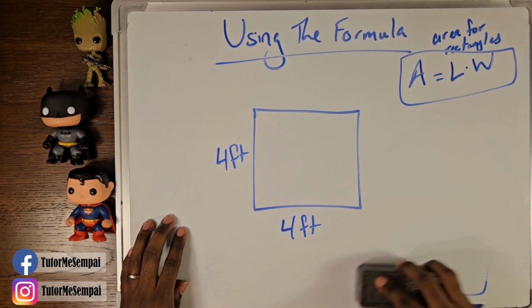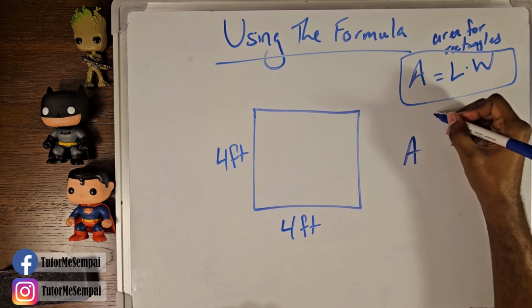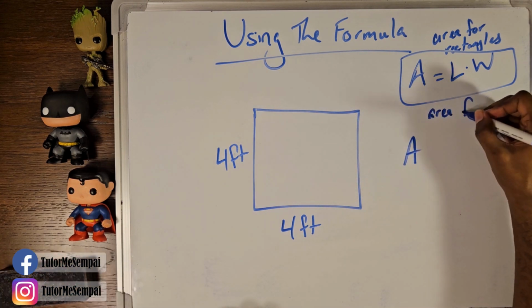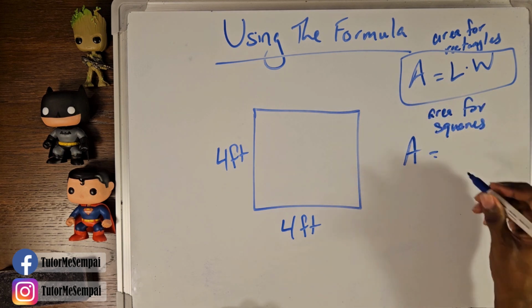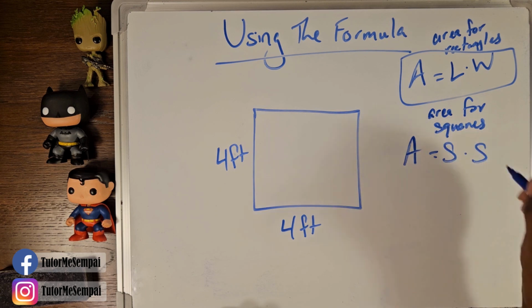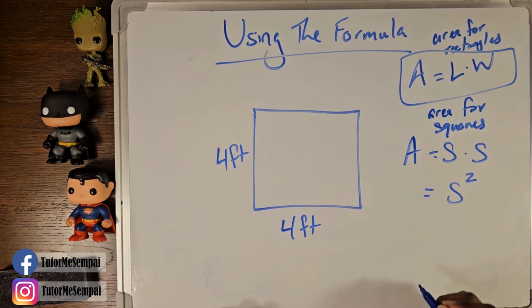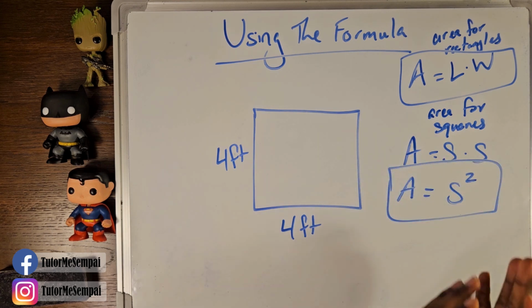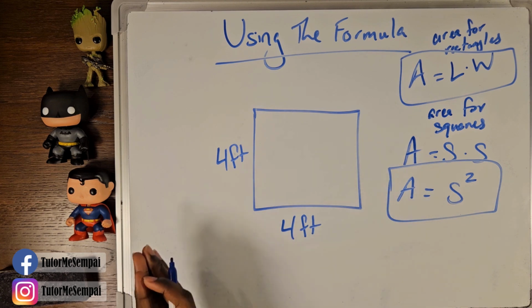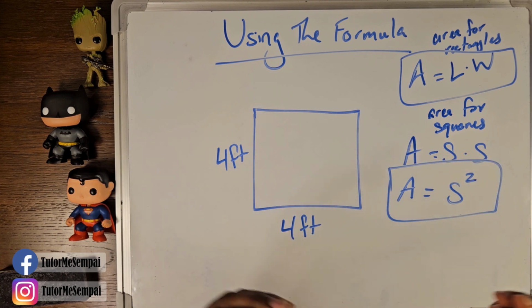And that's going to be the area for squares is going to be side times side, or another way of writing that is side squared. So the area is going to be side squared, multiplying your side by any other side since they're all the same.